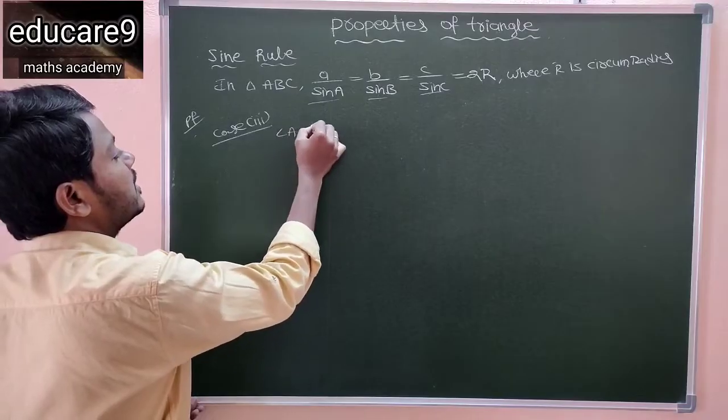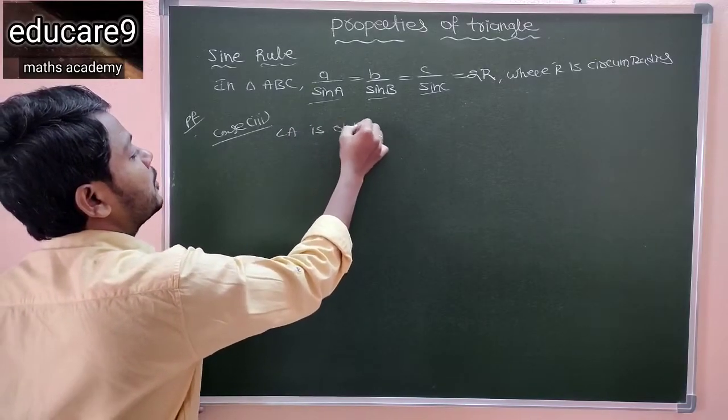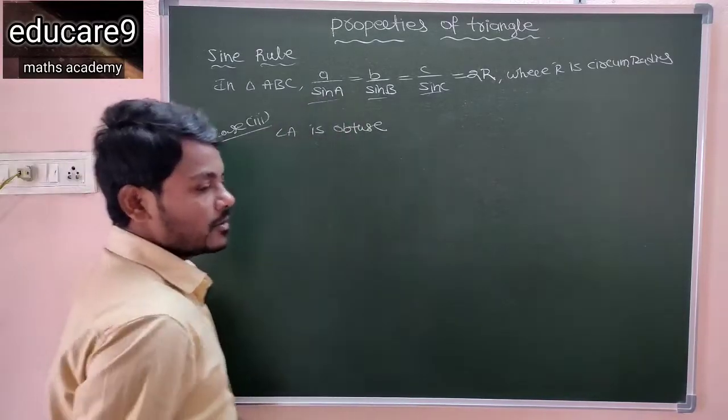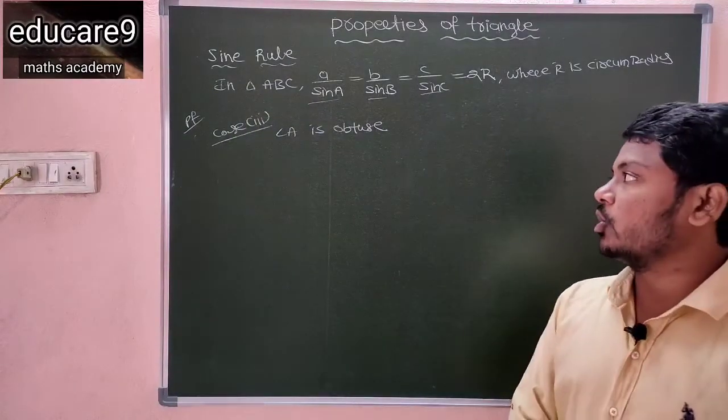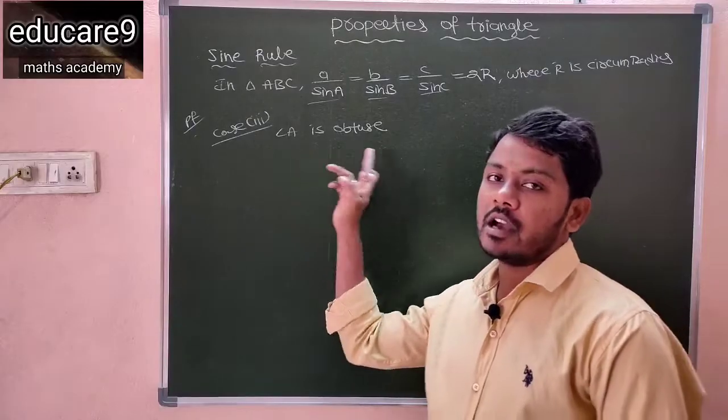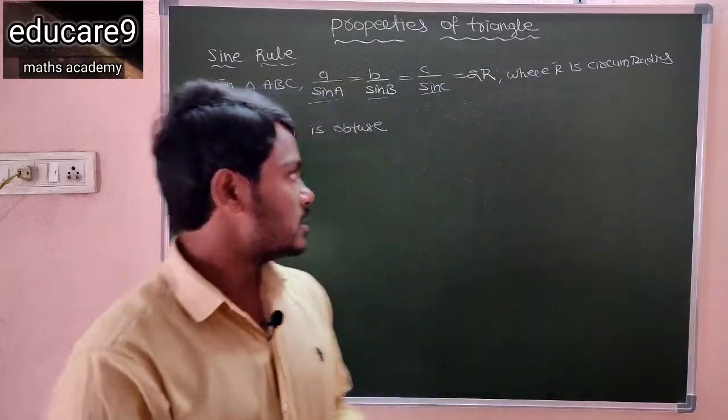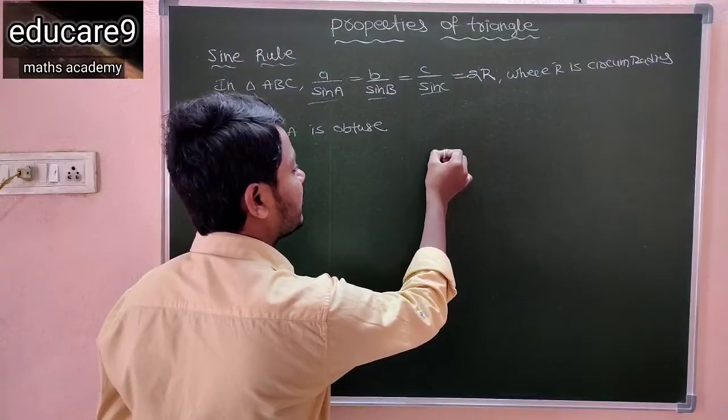Last one, angle A is an obtuse angle, which means A lies between 90 and 180 degrees. Consider this circle.